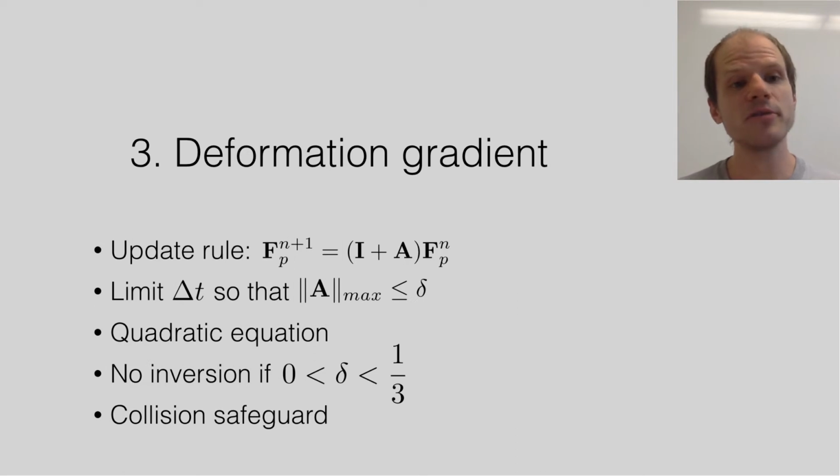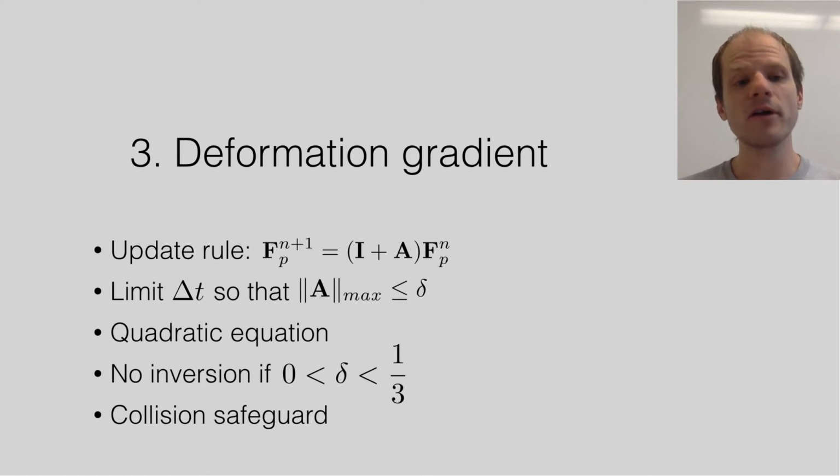The next restriction that we use is for the deformation gradient. The deformation gradient is updated multiplicatively. So the new deformation gradient is a perturbation of the identity matrix multiplied by the previous deformation gradient. We call this perturbation A, and we simply require that the elements be less than delta in magnitude. As with the positional case, this gives us a quadratic equation that must be solved.